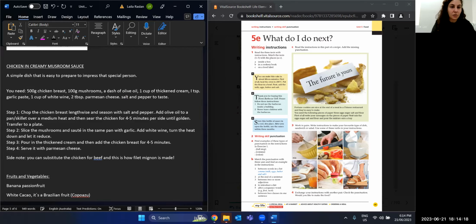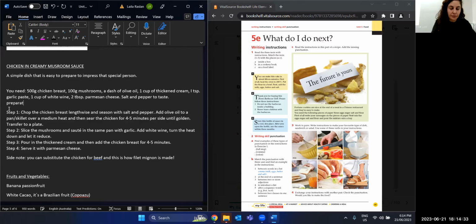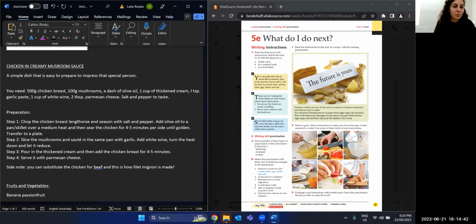So salt and pepper to taste. That means just a little bit, not much. To taste means a little bit. And then I've got the steps. Step 1. So maybe they can write preparation here. So preparation, step 1. Cook the chicken breast lengthwise and season with salt and pepper.